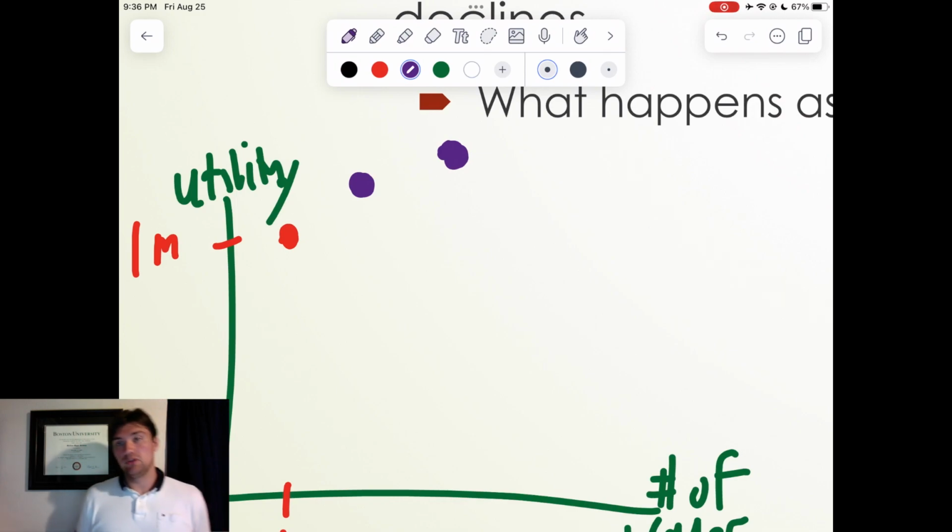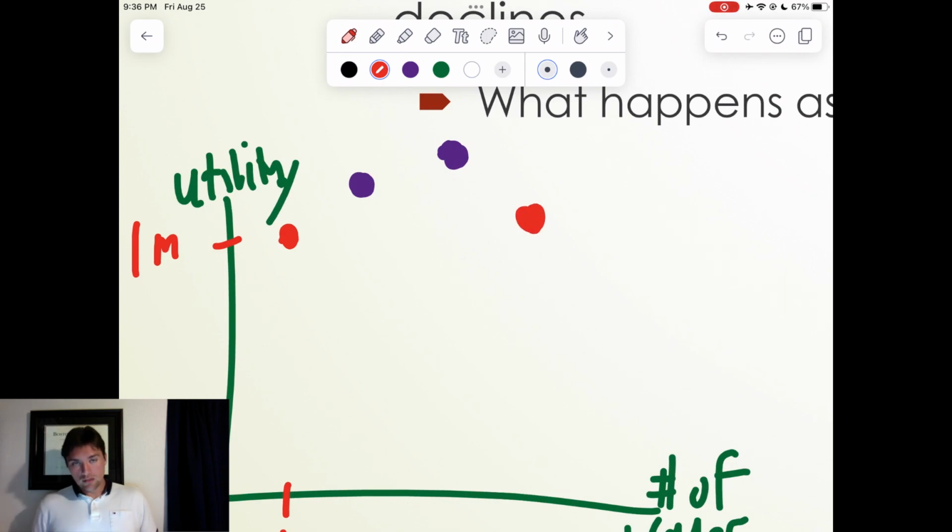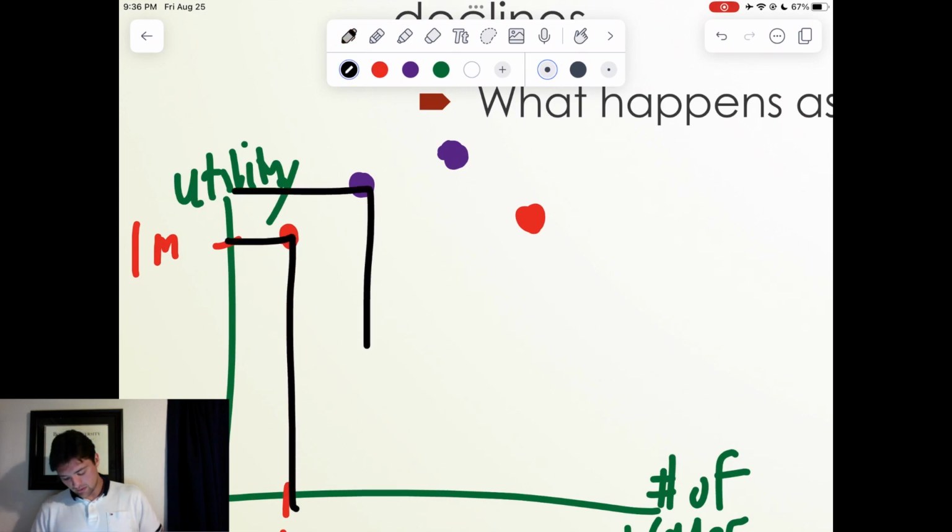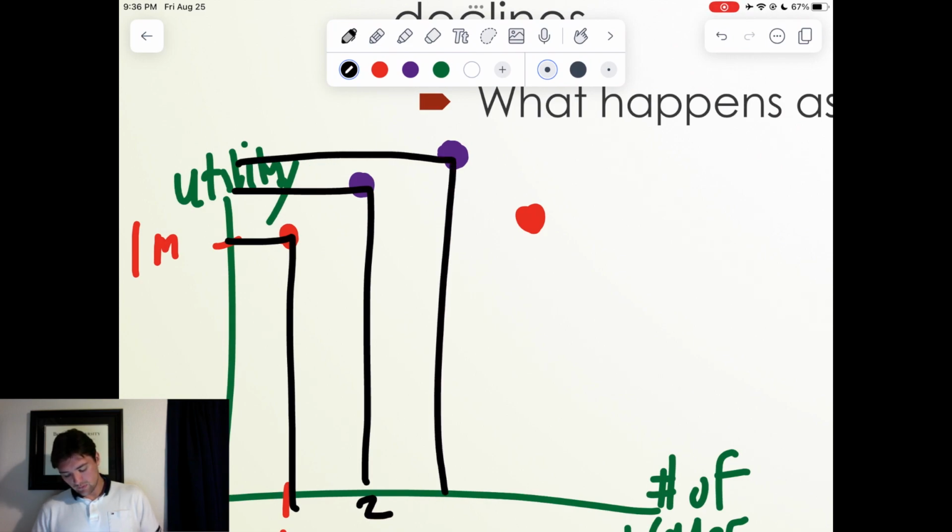Am I happier? No. I'm not happier because now I'm starting to feel sick. So what happens to my utility? Does it go up or down? It has to go down. So what's happening here? This was the first situation. Here's the second water bottle. Here's the third one. And then here's the fourth one.